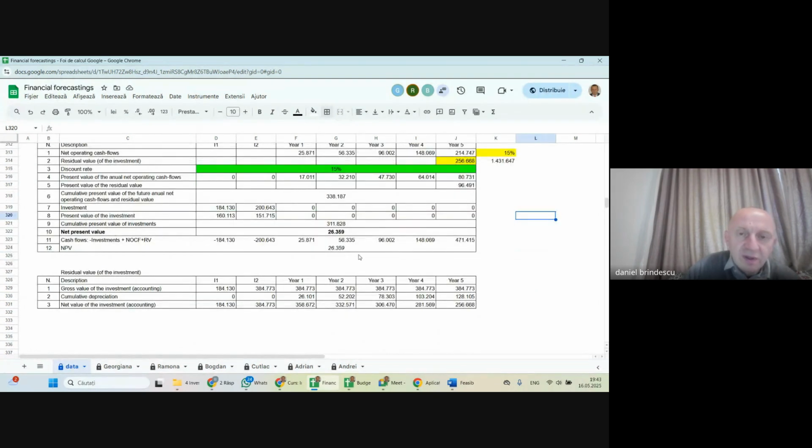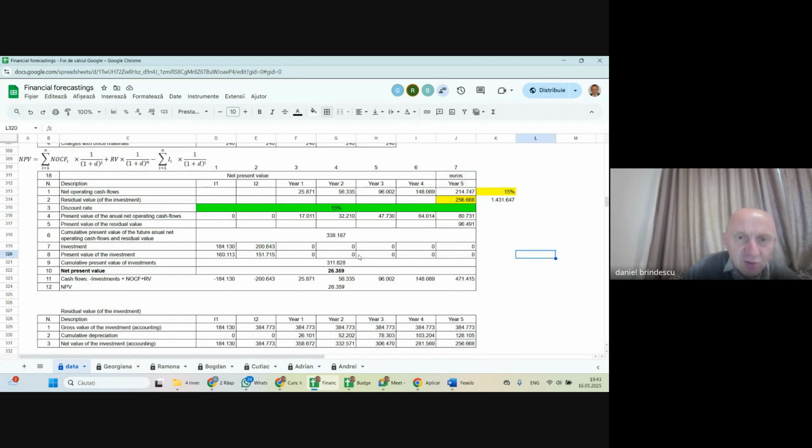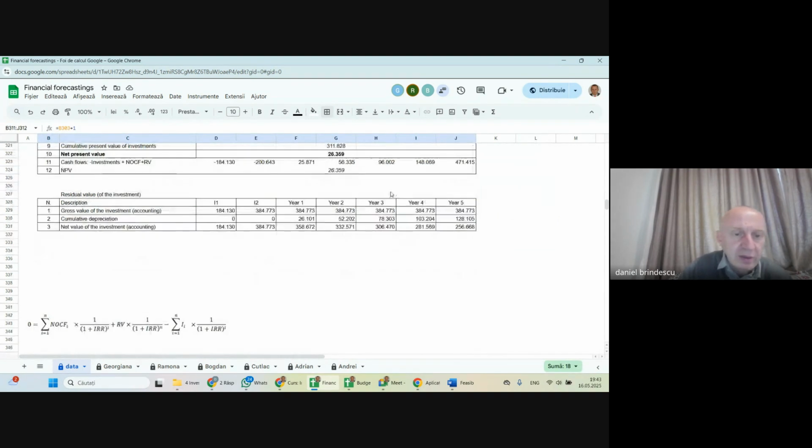Now, another financial indicator that's also very used and very important is the internal rate of return.